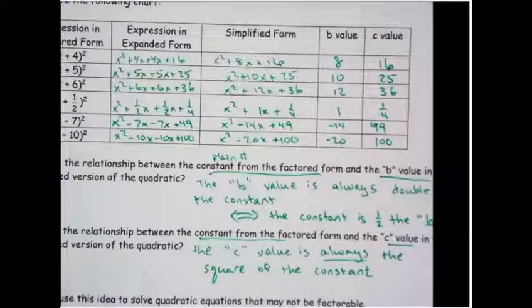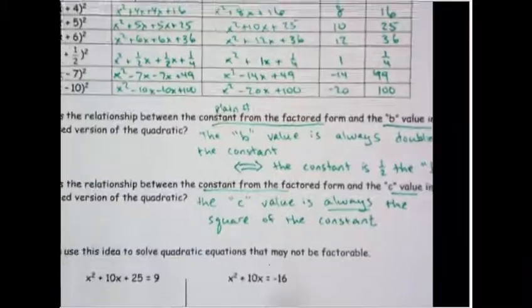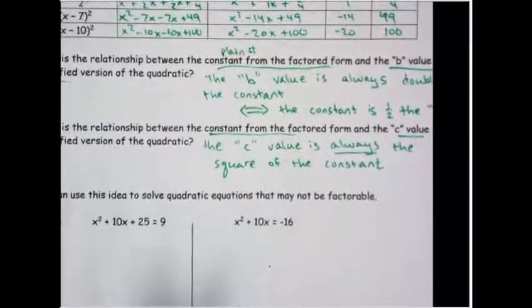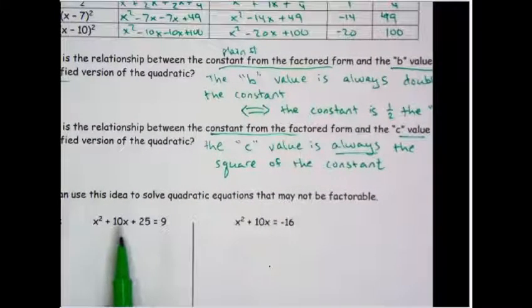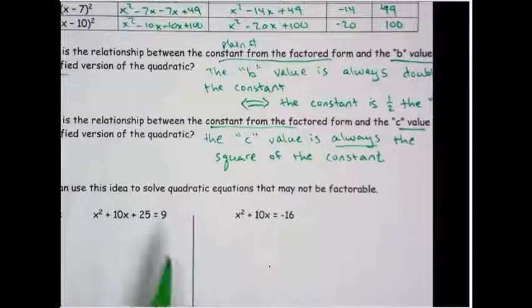Okay, so this is information that we're going to use to help us solve equations when they are not factorable. Alright, and you can do it even when the equations are factorable too, but this is a strategy specifically for when you can't factor. If I were to look at something like x squared plus 10x plus 25 equals 9, the old way to do this would be to subtract 9 so that this is equal to 0.